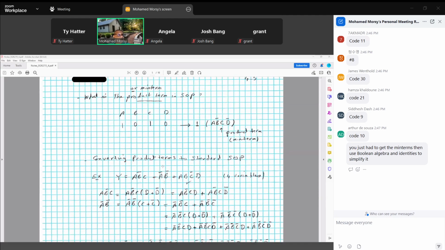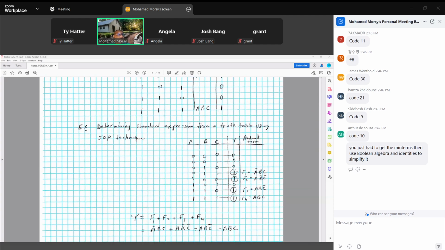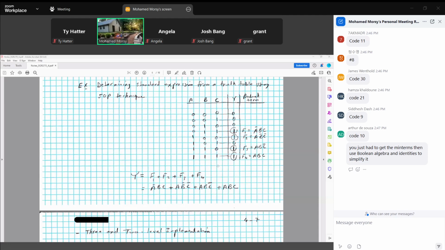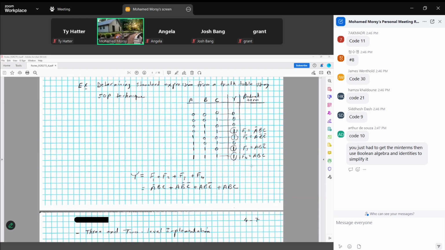The example, the question is very similar to this one. You have the truth table. You have Y or the output. You have zeros and ones. How will you get the product terms? Just choose the ones, circle the ones, and get F1, F2, and then add them up.